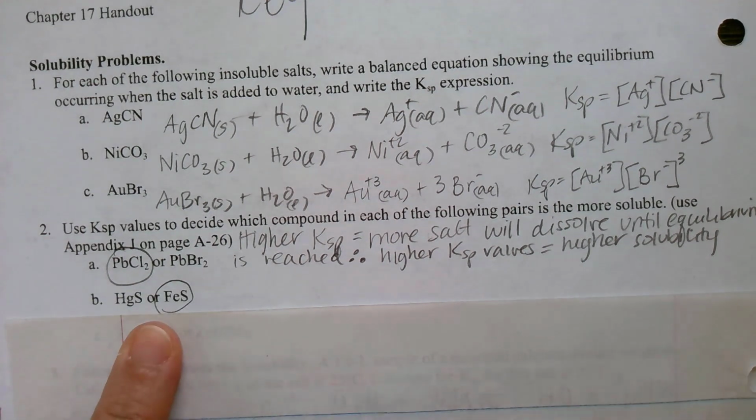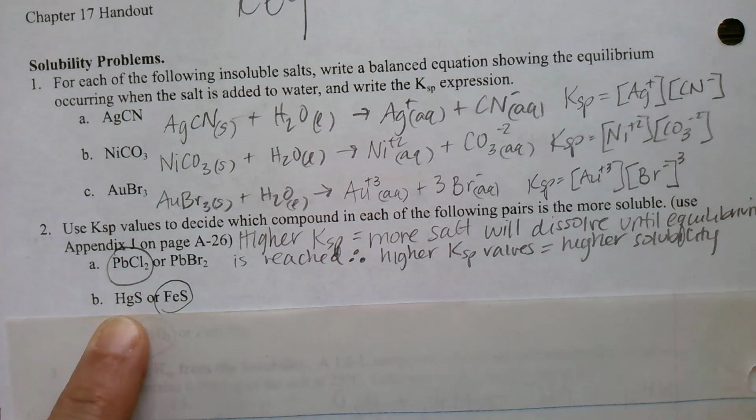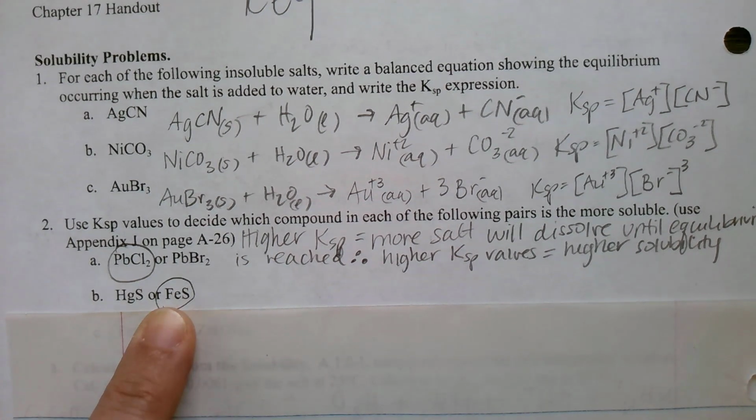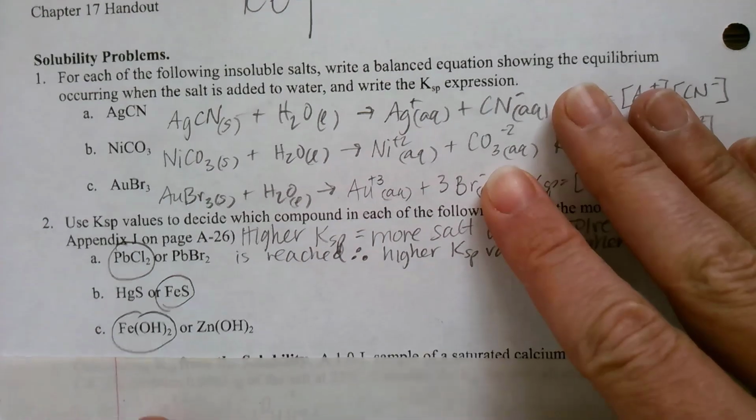Looking at mercury sulfide or iron sulfide, so mercury is 4 times 10 to the negative 54. That's the HgS. Iron is 6 times 10 to the negative 19. Obviously, the negative 19 is larger than negative 54. That is very small. So that would be FeS.